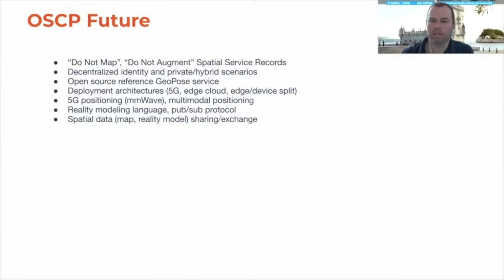So there's some intelligent split that can occur here for different services. So there's a lot of work to do around prototyping these deployment architectures, ideally in real world test beds with 5G and edge cloud available.